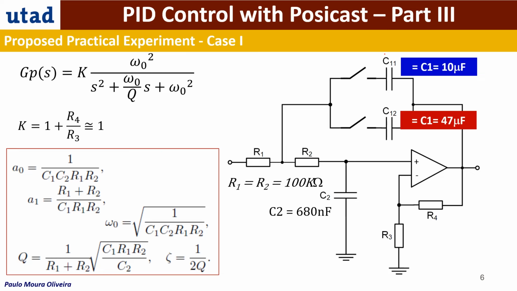C1 can be this C11 if we close this switch, and it can be this C12 if we close the second switch instead. So we are going to tune the controllers for this first capacitor, and then we are going to open this and close this to change to the second one.